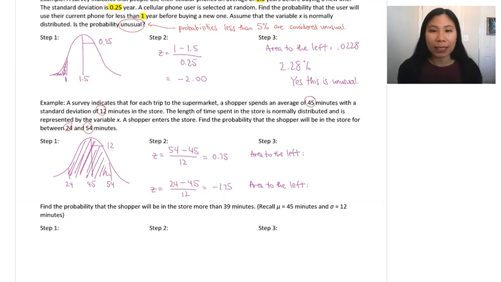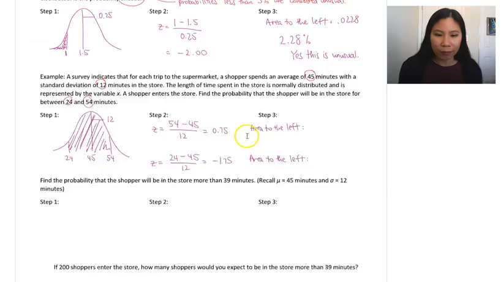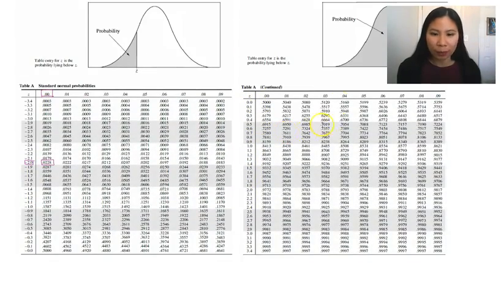Okay, then looking in my table for both of these, we're looking for the areas to the left, and then we end up subtracting both of them. So for the 0.75, I'm going to be on the positive side because it's a positive 0.75. My first decimal place is the 0.7.